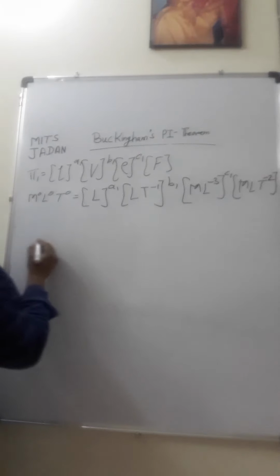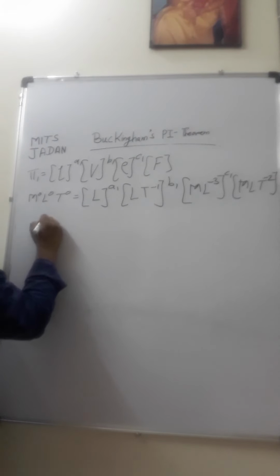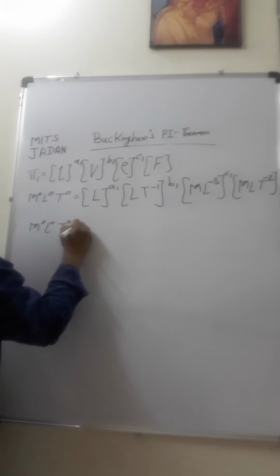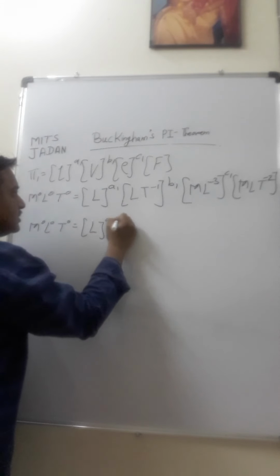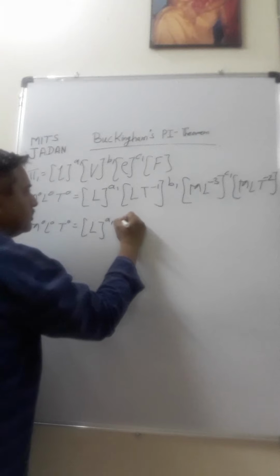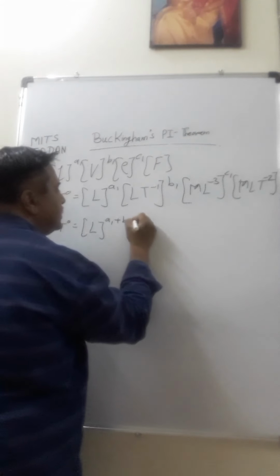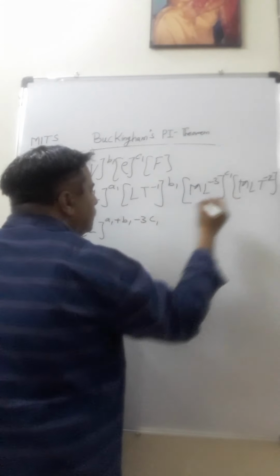Now compare the terms. M0, L0, T0 is equal to L to the power of A1, L plus B1 minus 3 C1 plus 1.